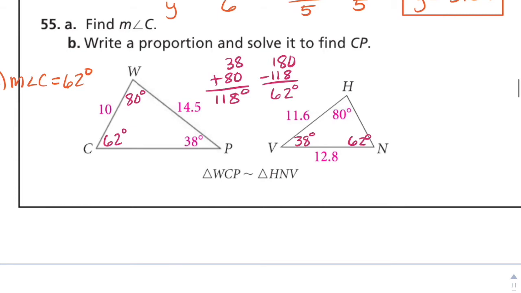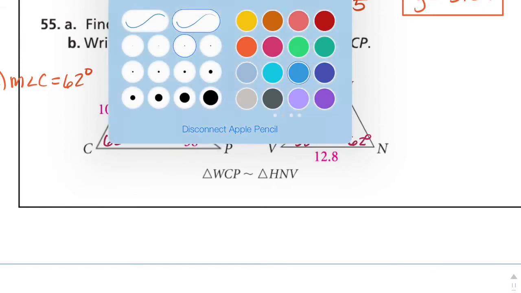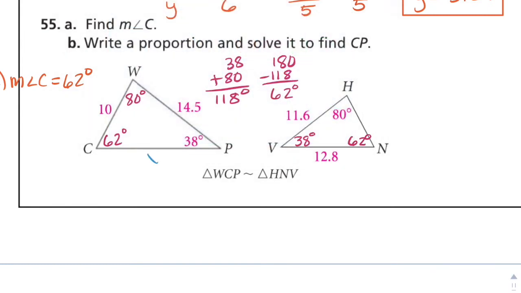The second one is write a proportion and solve it to find CP. I am going to put a variable here, and I'm going to call the variable X. So I'm going to do X is to 12.8. Notice that X and 12.8 are in between the 38 degree angle and the 62-degree angle.